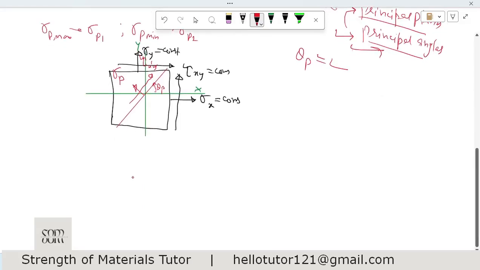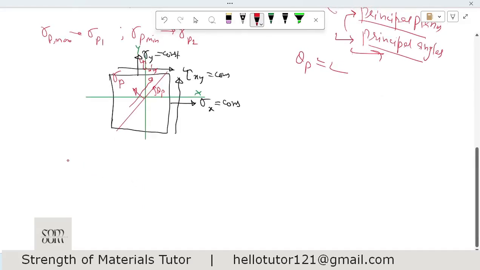So to find theta p, what is theta p? At theta p we have sigma x prime equal to sigma p, the principal stress. At theta p, sigma x prime is maximum.